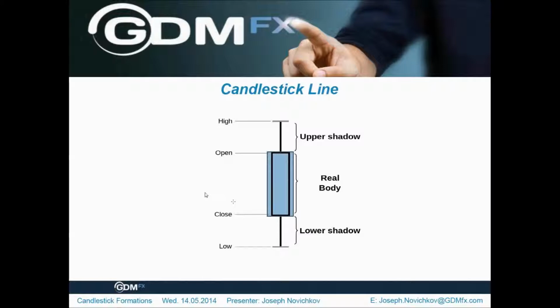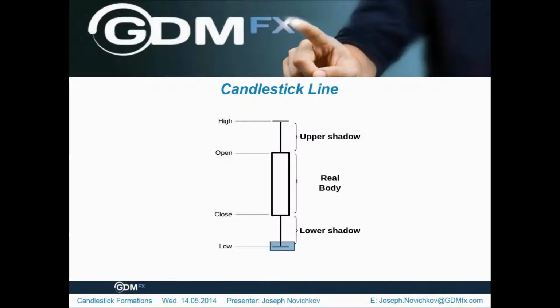The shadows illustrate the highest and the lowest traded price of a currency pair during the time interval represented. What we see above and below the real body is the highest price that the session has reached on the upside, and the lowest price that the trading session has reached.